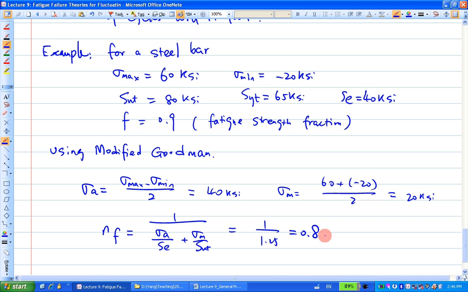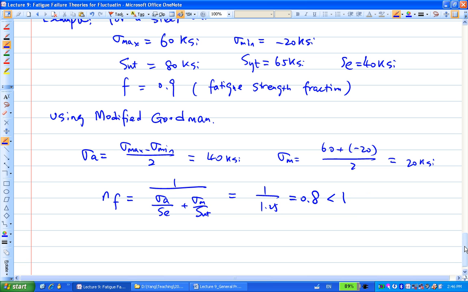This 0.8 is less than 1, which means the part doesn't have what? An infinite number of life, right? It doesn't have infinite life, so it will fail before 10 to the power 6 cycles.